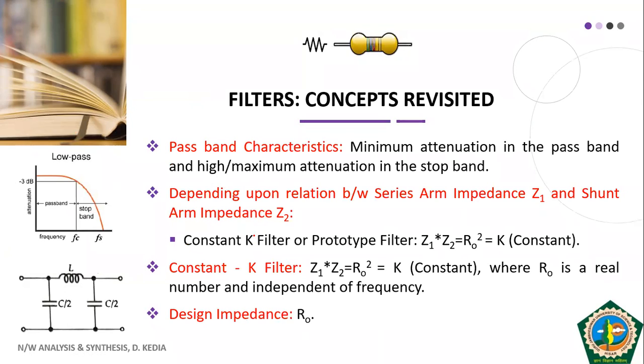Then another thing is, what are the different pass band characteristics? When we say pass band and stop band, in pass band the attenuation is minimum, and in case of stop band the attenuation is maximum. So you have a new term that we call attenuation. We will also represent this attenuation mathematically.